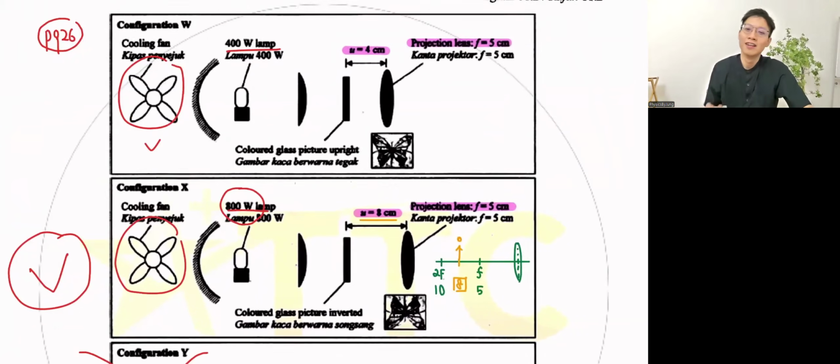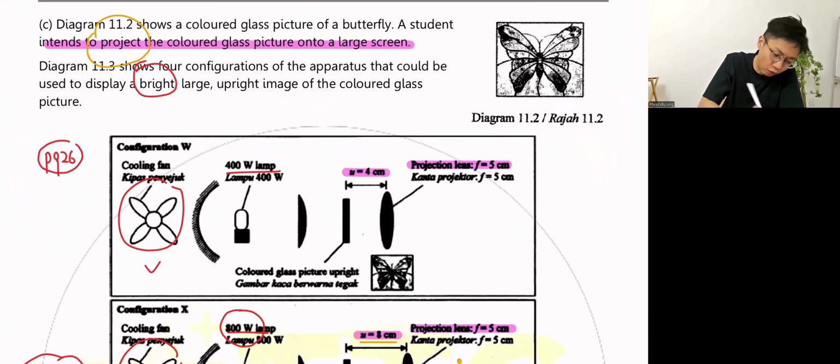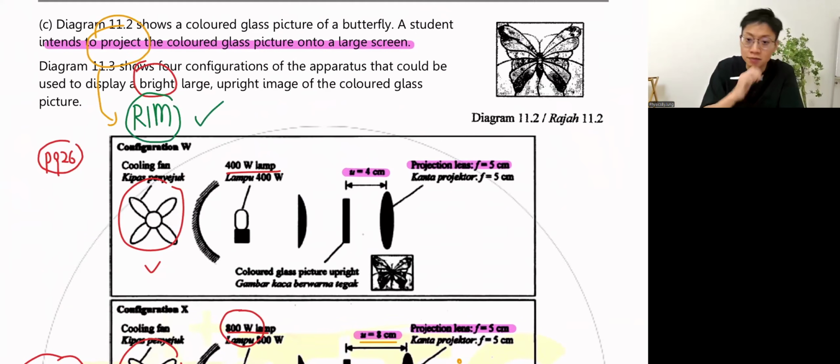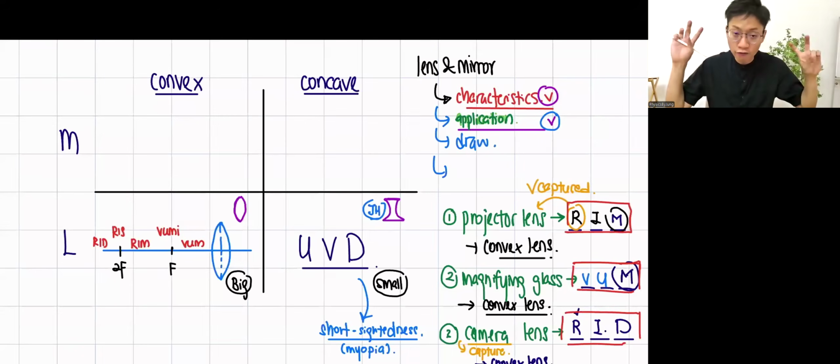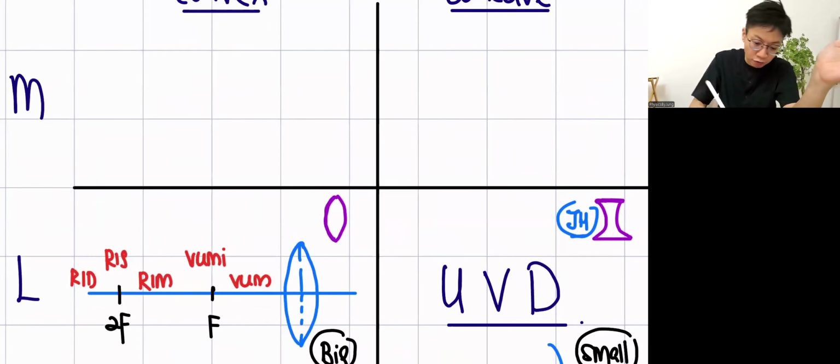Now, the first thing when you do this question, you have to think like that. This is a projector. Project, so confirm I want a real inverted magnified image. So where is real inverted magnified? If you have your formula paper, you find out where is your real inverted magnified.